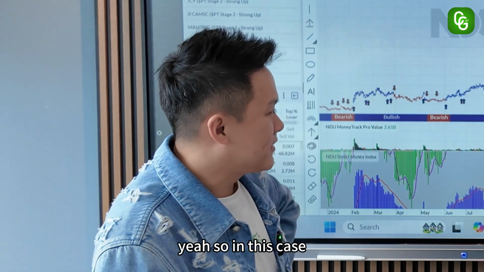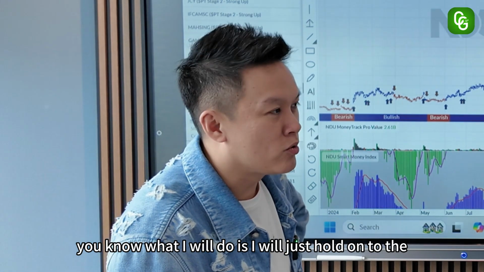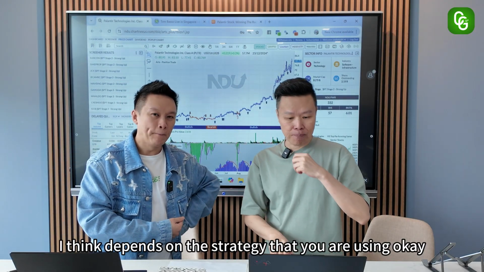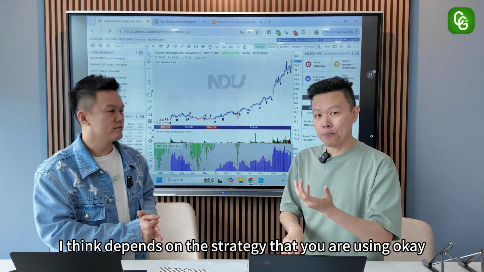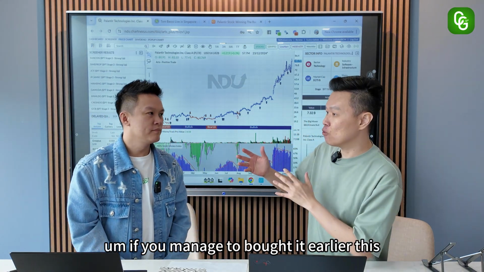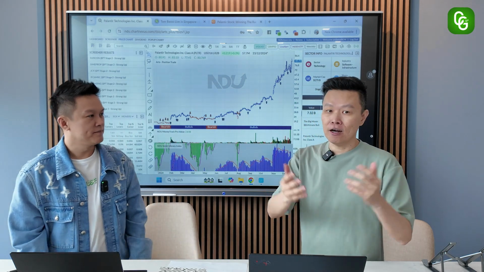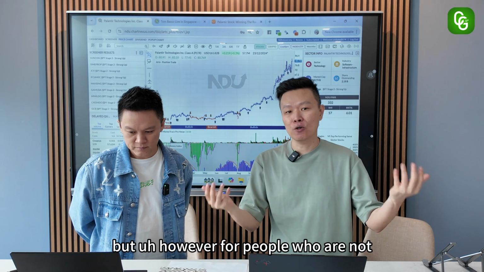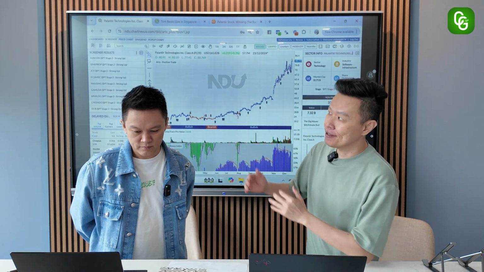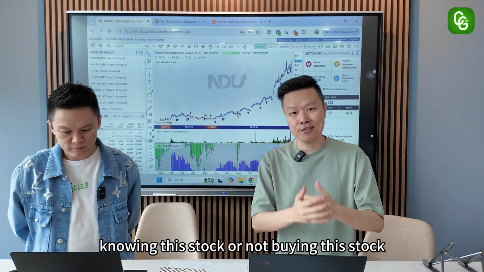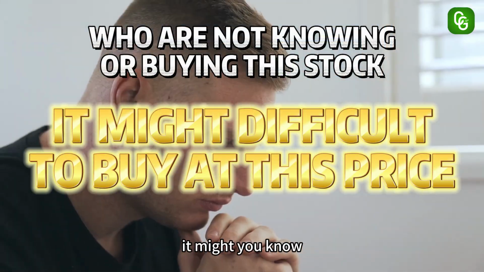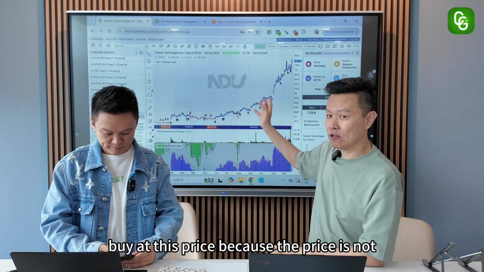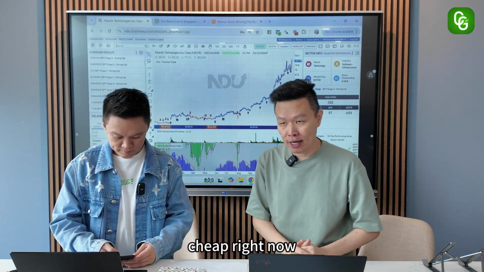So in this case, what I will do is just hold on to the shares that I'm holding. I think it depends on the strategy that you are using. If you managed to buy it earlier, congratulations, you can hold. However, for people who do not know this stock or did not buy this stock, it might be difficult to buy at this price, because the price is not cheap right now.